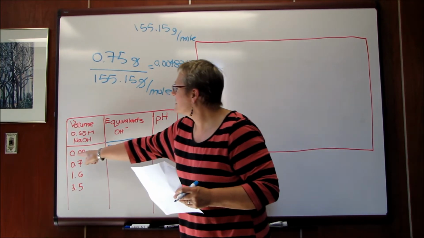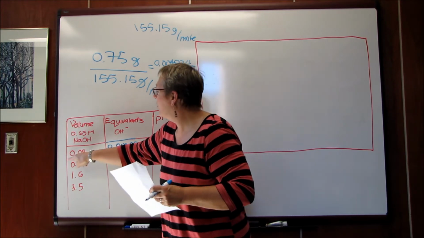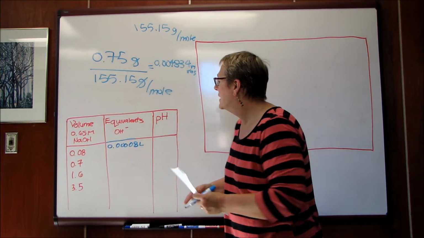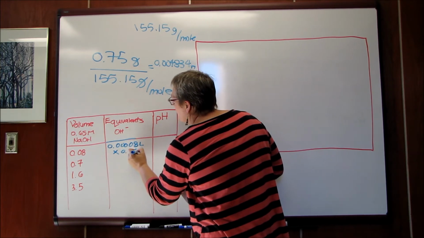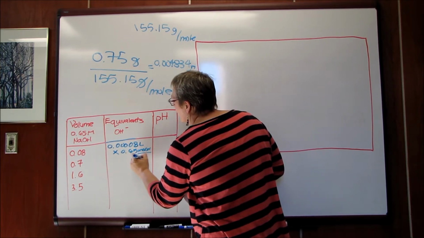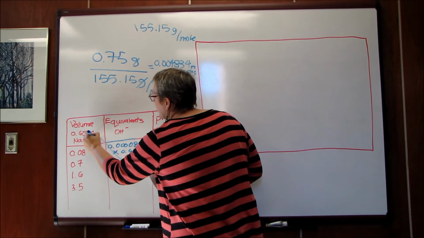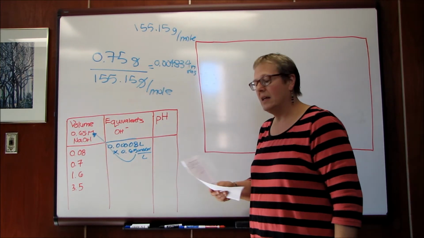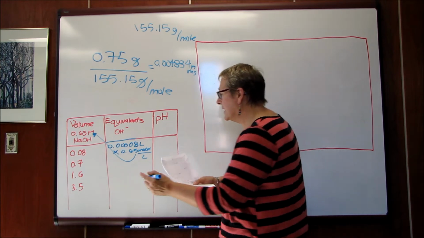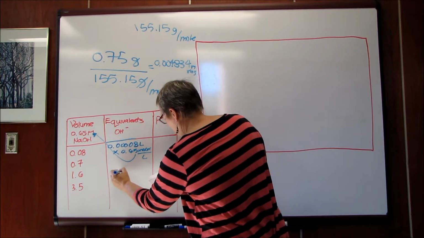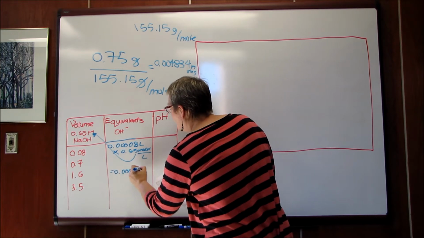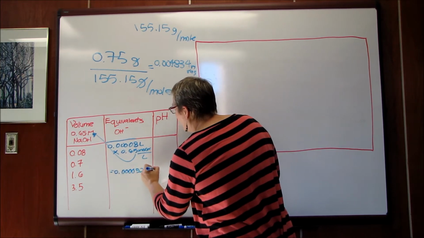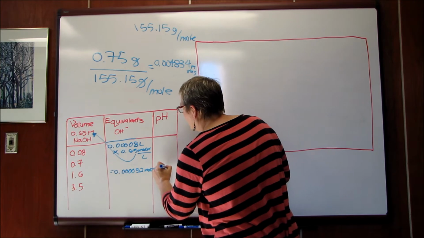Okay, I moved the decimal place 3 units that way to go from mils to liters, times my 0.65 moles per liter, which comes from here, the concentration of the base. This is going to give me a number of moles. In this case, this works out to 0.00052 moles of NaOH. Okay?